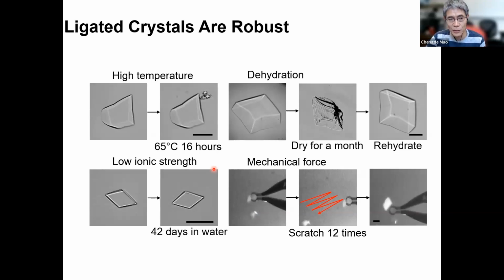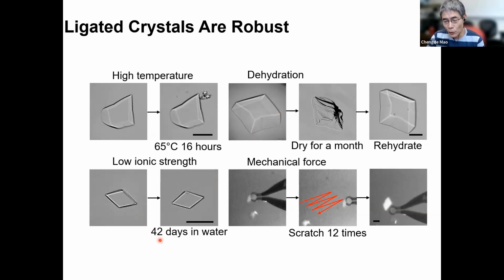After ligation, the crystal becomes extremely robust. At high temperature, for example 65 degrees for 16 hours, the crystal still remains intact. Just to give you a contrast, without ligation, normally an increase of only 2 or 3 degrees will completely dissolve the crystal. The crystal can also survive dehydration. If you dehydrate it until it is dry, the crystal collapses, but as long as you add water back, the crystal pops back. So it can memorize its original structure. That is nice.